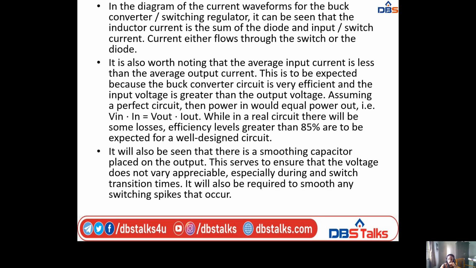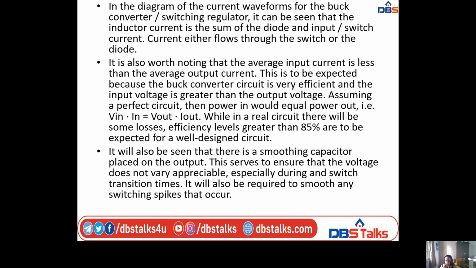Assuming a perfect circuit, the power in would be equal to the power out, such that V in times I in equals V out times I out. While in a real circuit there will be some losses. Efficiency levels greater than 80% are to be expected in a well-designed circuit.